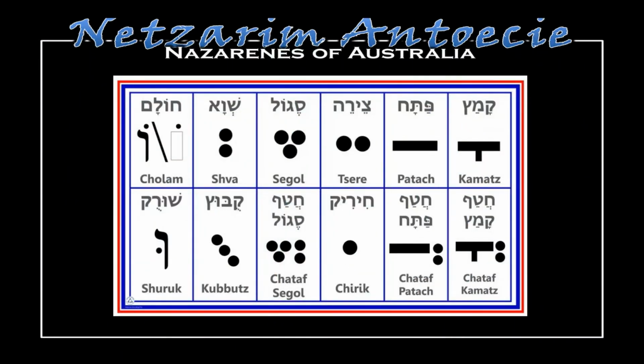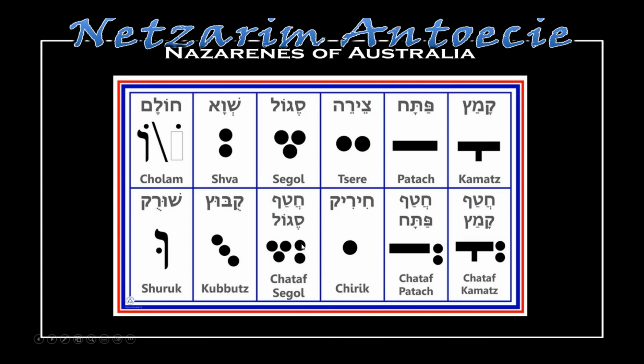Right, now let us remember these vowel marks. When we have a dot next to the vav, it's called a shuruk, and the oo sound is what we use as its sound. And then we have the kubutz, which also has an oo sound. This is a kataf segol, so it's a combination of two.